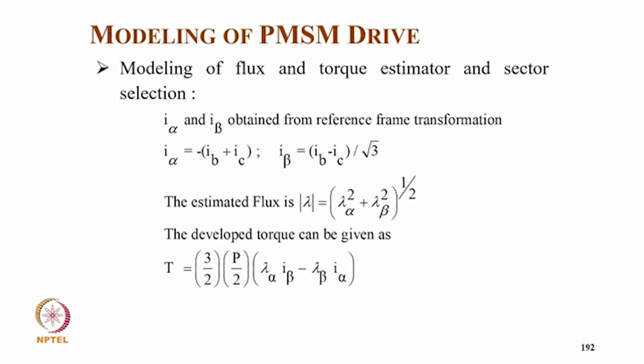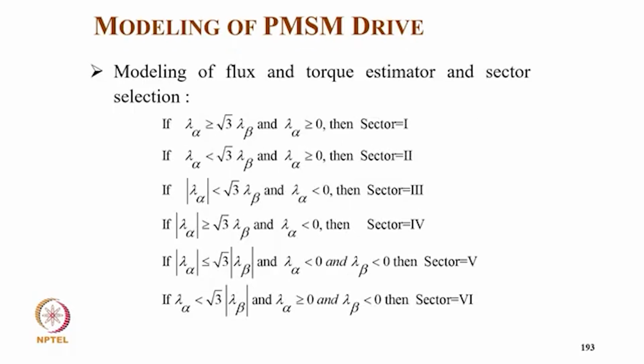Similarly, i_alpha and i_beta are obtained from the reference current transformation: i_alpha equals minus i_b plus i_c, and i_beta equals (i_b minus i_c) upon root 3. The estimated flux is the square root of lambda_alpha squared plus lambda_beta squared, and the developed torque can be estimated as T equals 3 by 2 times P by 2 times (lambda_alpha i_beta minus lambda_beta i_alpha).